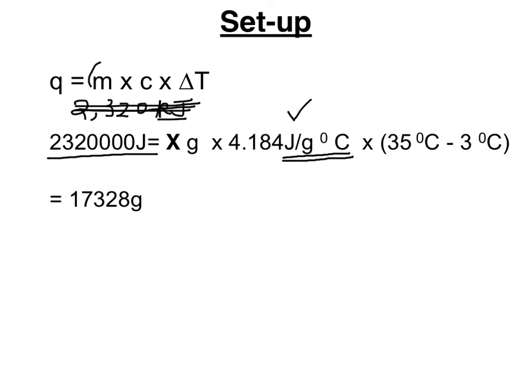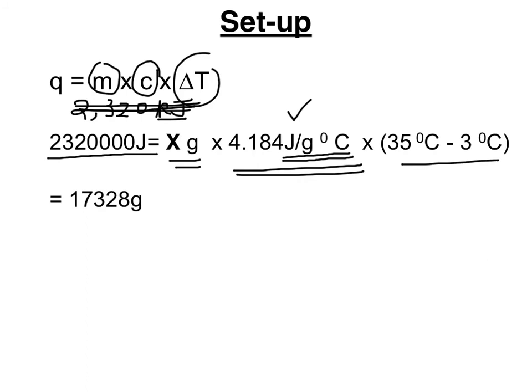The m, the mass, that's going to be right here. We just left it as x because we don't know it. The C we got from the table. Again, that's that number there. And the delta T is the 35 minus 3, which we calculated before to be 32. We're going to divide the number of joules here by the specific heat capacity of water and by that 32 degrees, and we should get 17,328 grams.